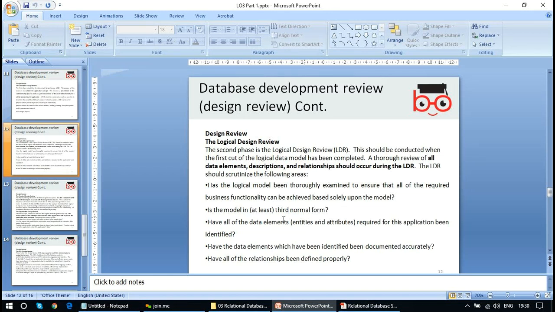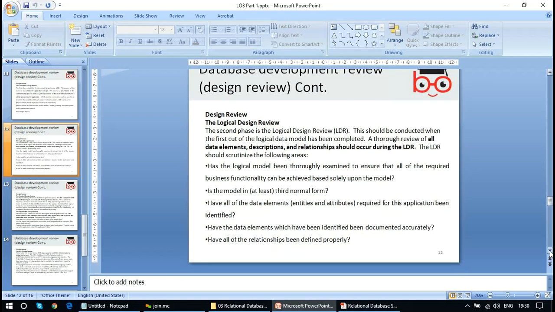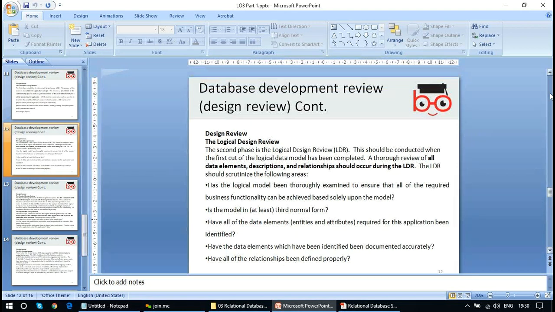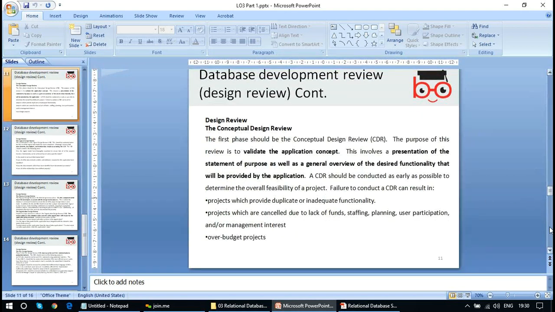Have all of the data elements required for this application been identified? Have they been documented accurately? Have all of the relationships been defined properly? Makes sense? So logical review is related to the logical structure of the database, while conceptual review allowed you to at least validate your idea of creating the database.